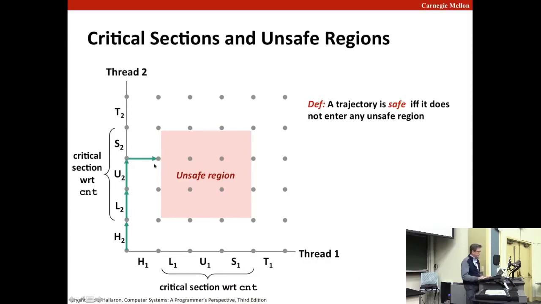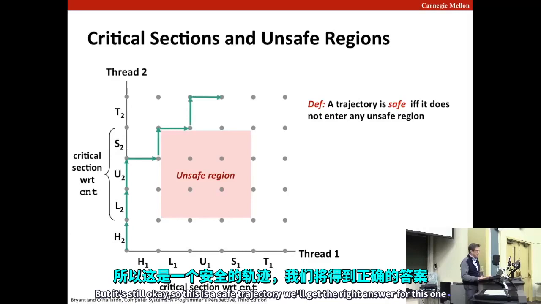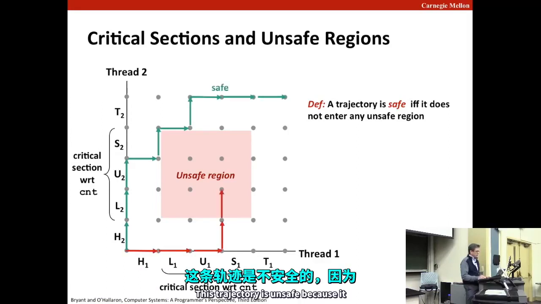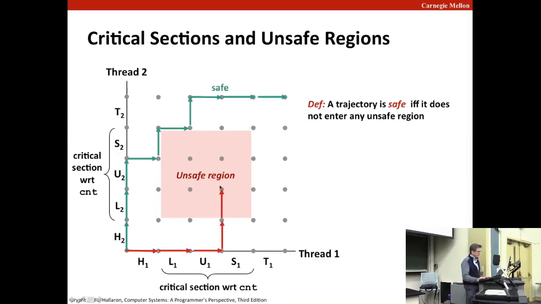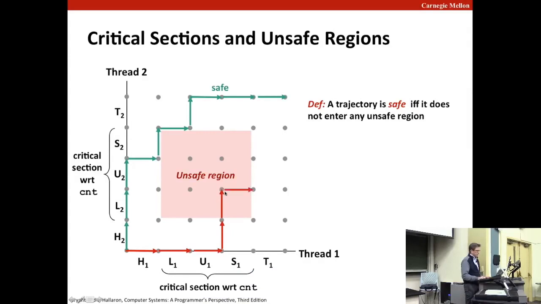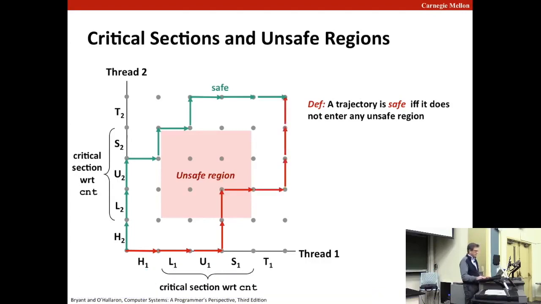Here we're skirting the unsafe region, but it's still okay. So this is a safe trajectory. We'll get the right answer for this one. However, this trajectory is unsafe because it enters the unsafe region at this point here. Even though it quickly exits, there's an interleaving there that creates a potential for the incorrect answer.